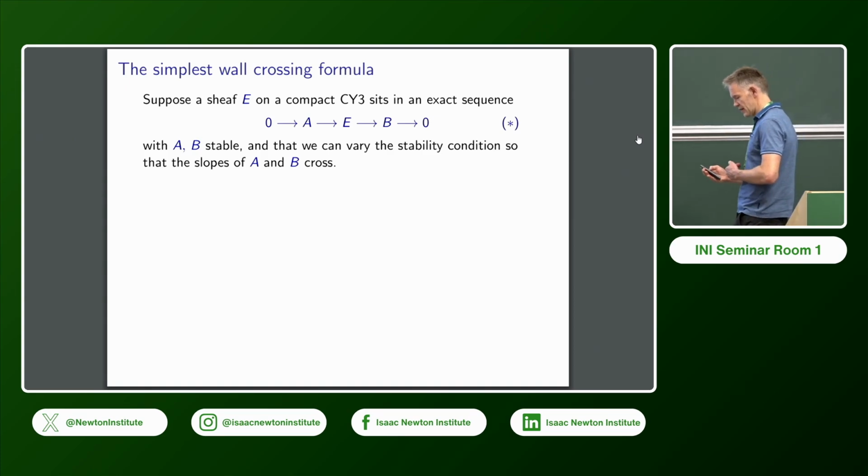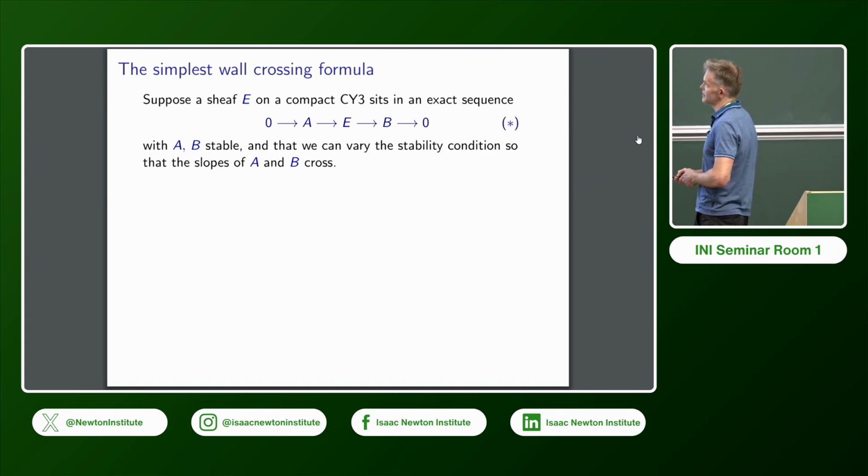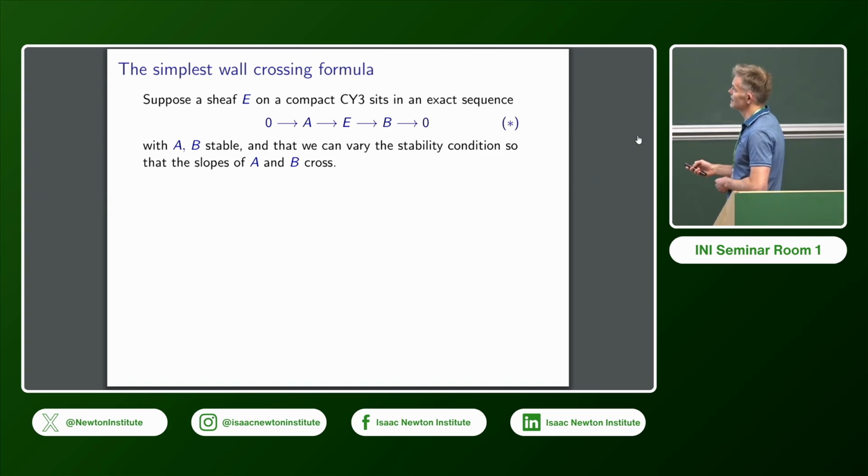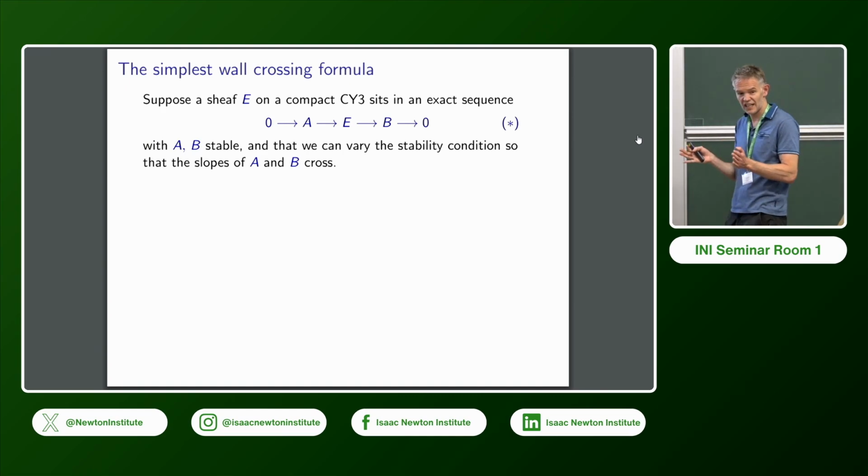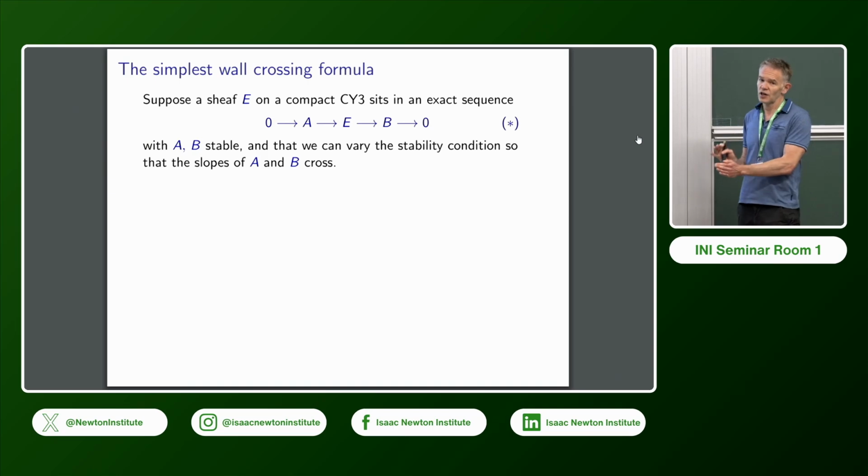But we're going to vary the stability condition, and as we do so, the slope of A is going to become bigger than the slope of B, and so that's going to destabilize the sequence. But I'm in the simplest case, nothing else is going to happen. So A is not going to become unstable during this process, neither is B. A and B are in different classes, they're not isomorphic, they're not the same.